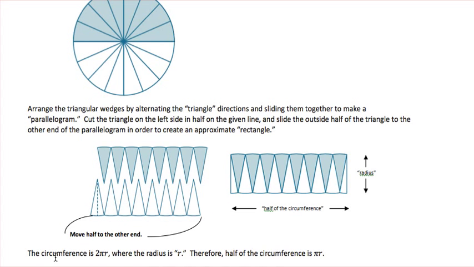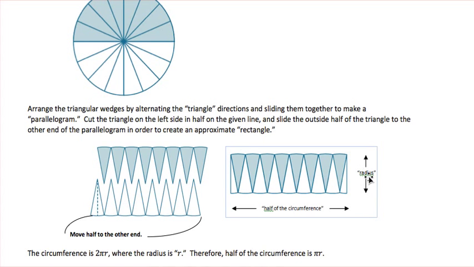The circumference is 2 times pi times the radius, where the radius is r. Therefore, half of the circumference is pi r. Half of our circumference is the distance across this approximate rectangle.